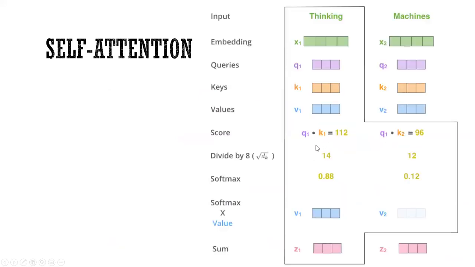Then, in the original paper, they still use the dot product, a very straightforward way to calculate the similarity. For example, you take the dot product of Q1 and K1, and this is the number you get. Then they do some normalization by the dimensionality of the vector.